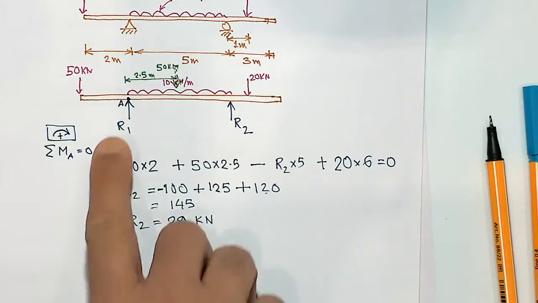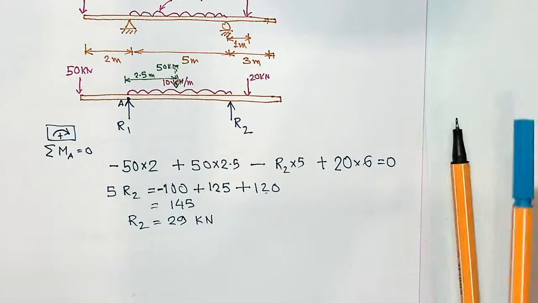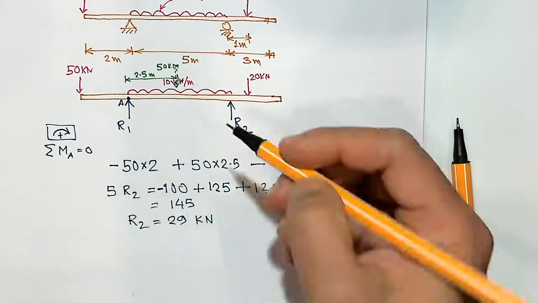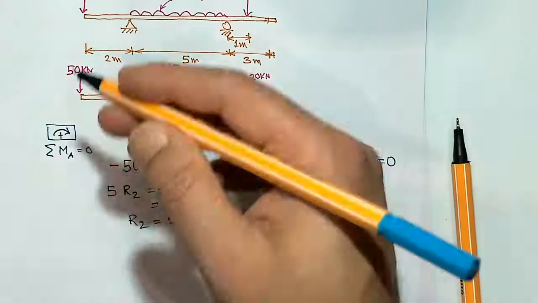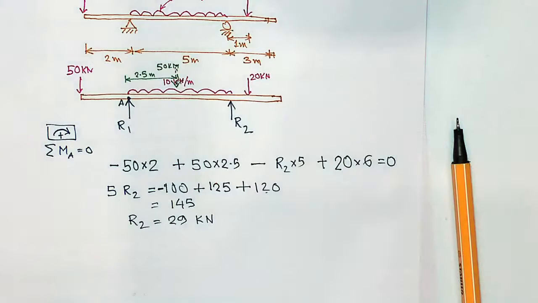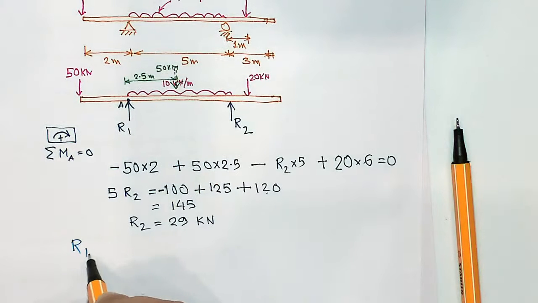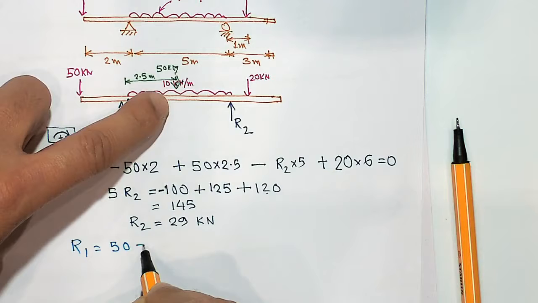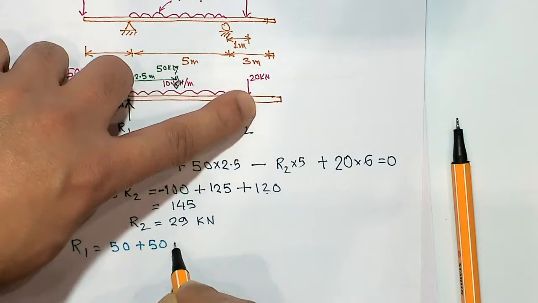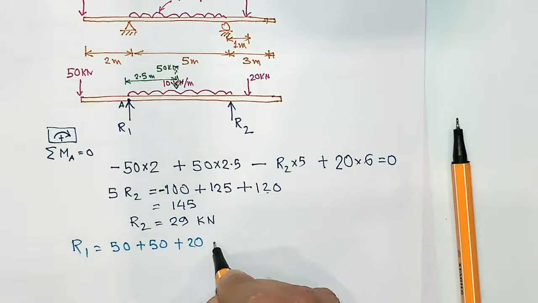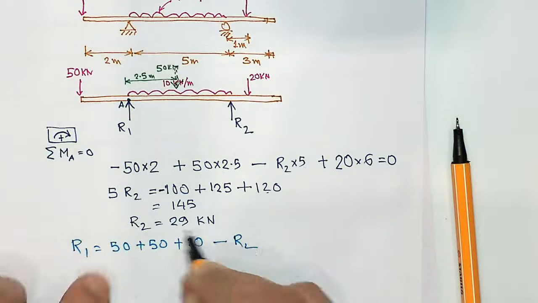Once you have got R2, then you can find out R1. Either you can take moment about this point, or you calculate the total load and find out R1. So R1 would be the total load, which is 50, plus the other total load 20, minus R2, which is 29 kilonewton.